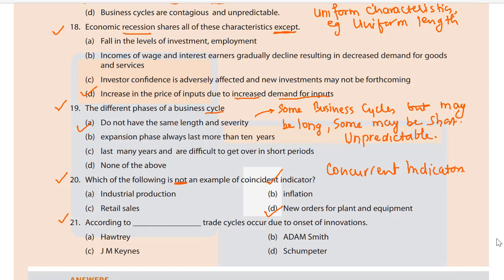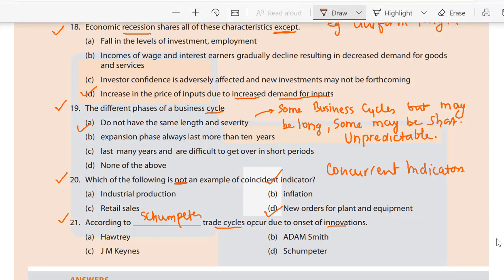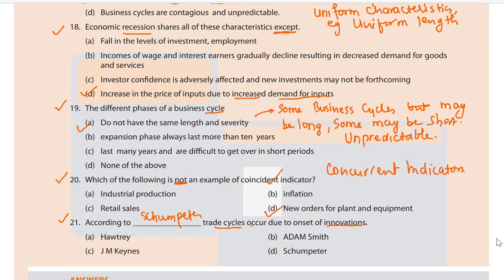C. J.M. Keynes. And D. Schumpeter. So according to Schumpeter, trade cycles occur due to onset of innovations. We had read this in the text also.